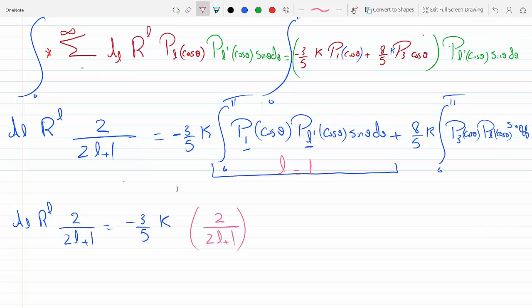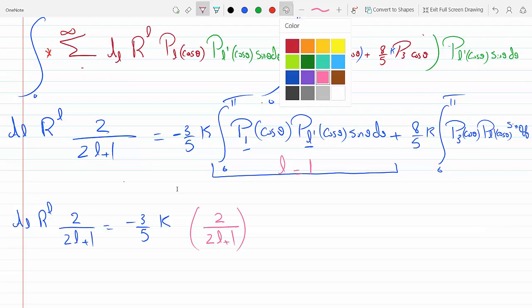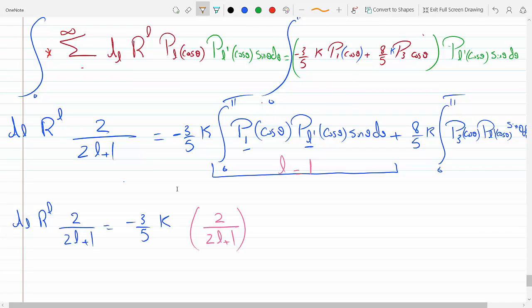Yeah, from 0 to pi. And then, you just basically plug in the... And let's go to the second one. What will I get on the second one?